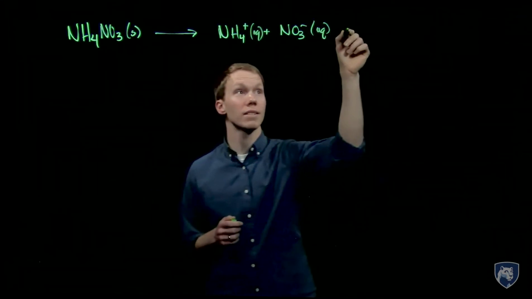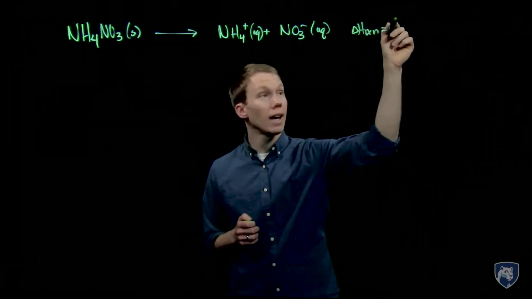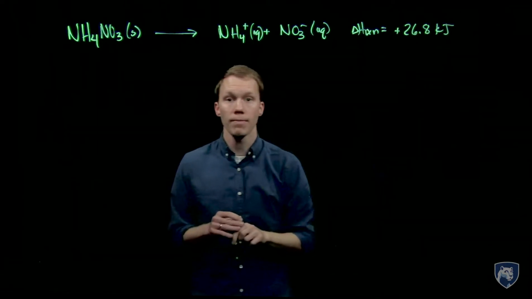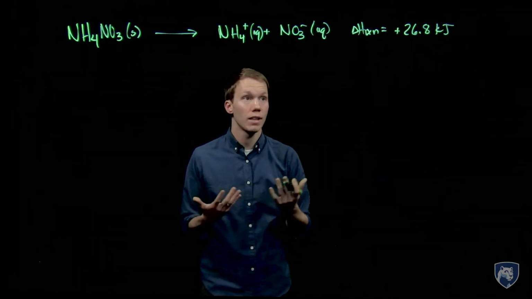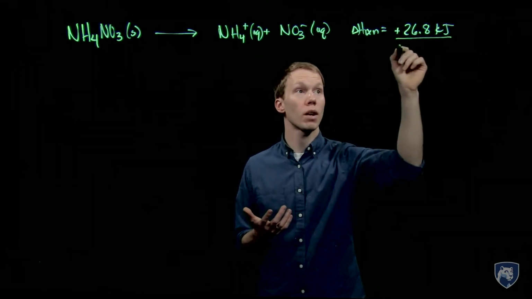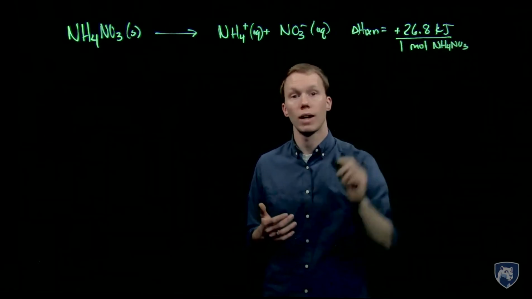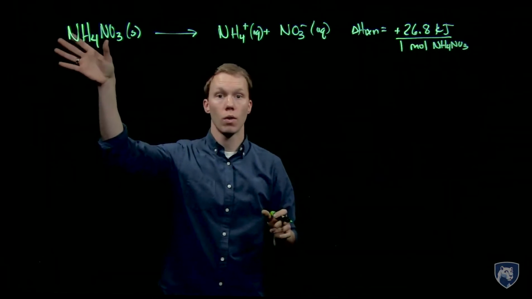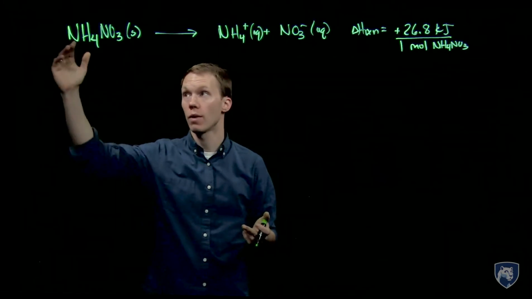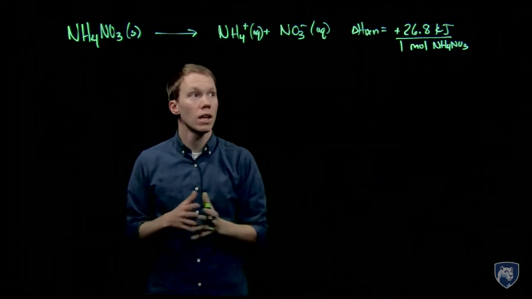And this process has a delta H reaction of positive 26.8 kilojoules. Okay? Now, I just want to remind you of what this means. This is 26.8 kilojoules per 1 mole of NH4NO3, right? It's per mole or per X moles depending on the balanced chemical equation. So if there was a 2 out in front, it'd be per 2 moles of ammonium nitrate, okay?